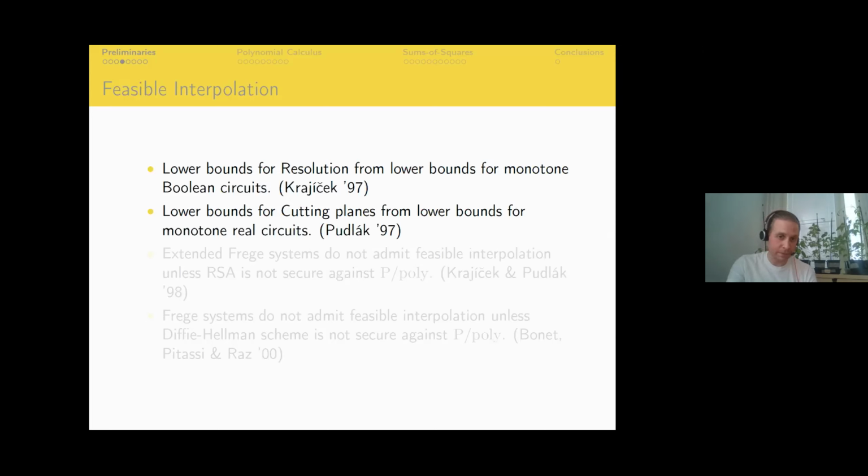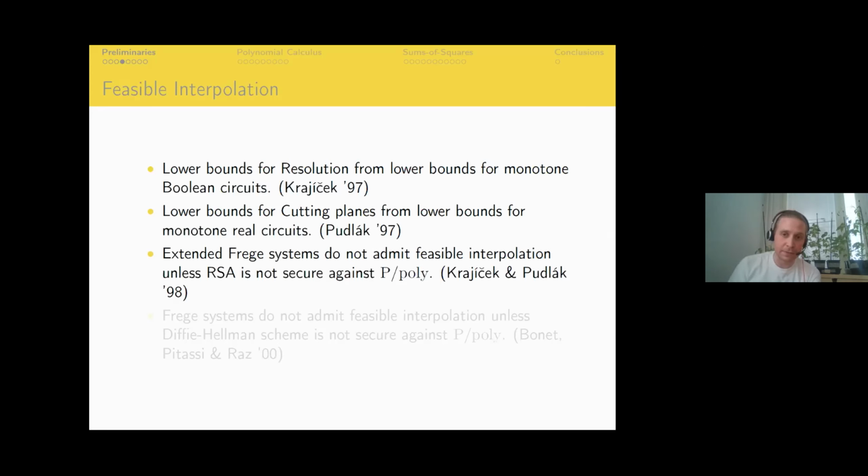And on the negative side of things, a year later, Krajicek and Pudlak showed that a strong proof system, extended Frege, cannot admit feasible interpolation unless some quite strong cryptographic assumption breaks.